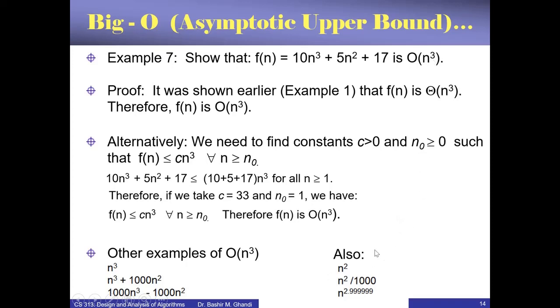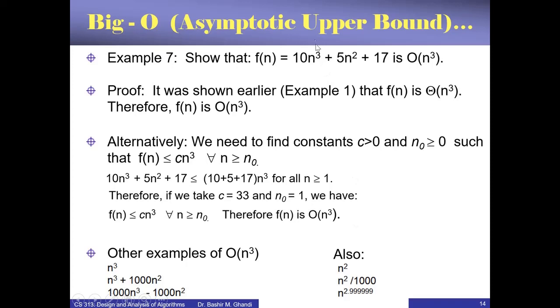Why is that so? Well, it is so because in big O, as I told you, we are concerned about the upper bound only. Definitely n squared cannot grow faster than n cubed. Similarly, n cannot grow faster than n cubed. So all these functions grow no faster than n cubed, and therefore they are all considered as big O of n cubed.